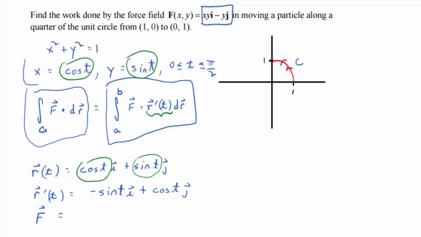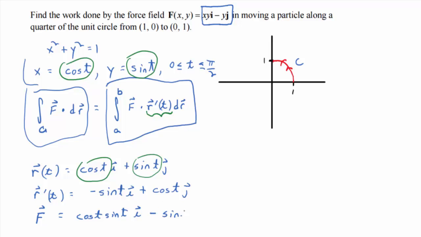So let's think, okay, x times y would be what? Sure, I'm going to write it in the order, but it doesn't matter. Multiplication commutes. And then that's times i, right? So that's x times y times i we want. Everybody agree with that? And then minus y j, what would that be?